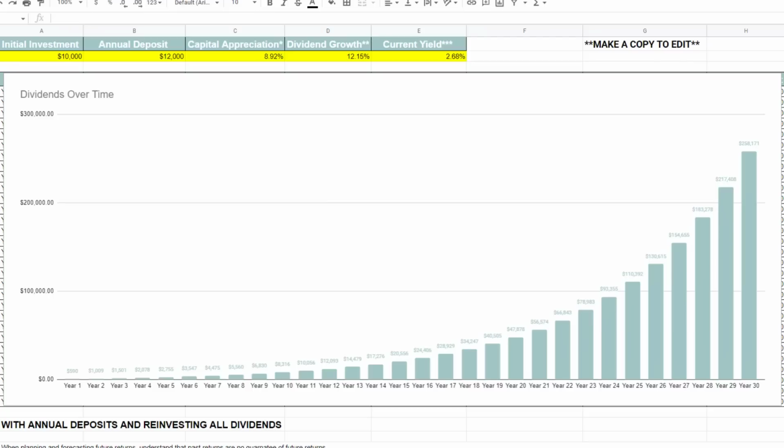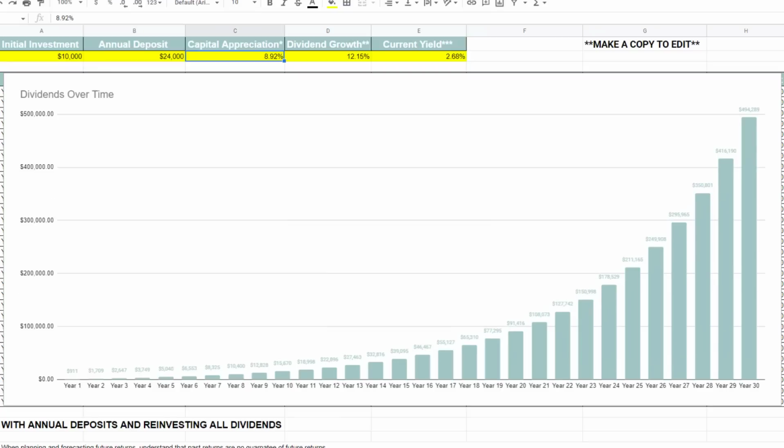Now, let's say, for example, you were to side hustle, you were to get additional training, you were able to get a promotion, get a new job. And let's say that you were able to invest $2,000 a month. If you're able to invest not $1,000, but $2,000 a month because you saved on expenses, or were able to make some more money on the side from your regular job, whatever it may be, it turbocharges your returns.